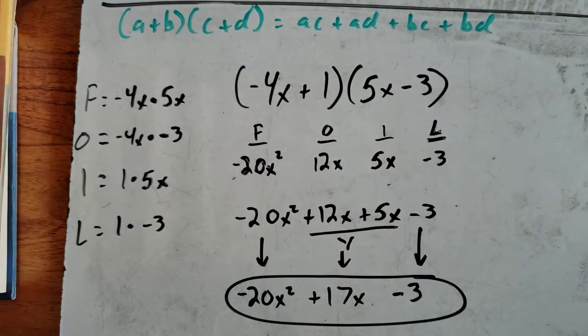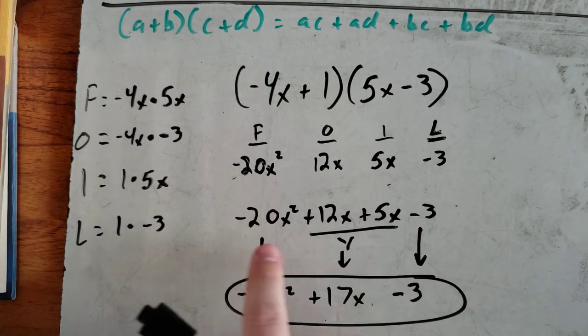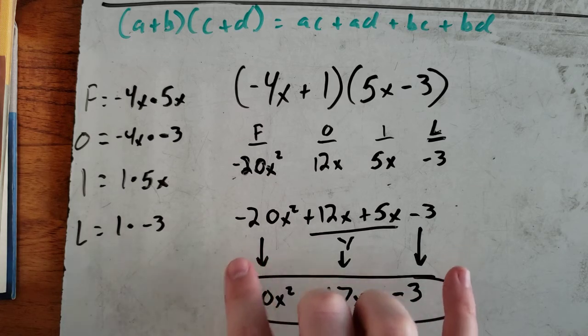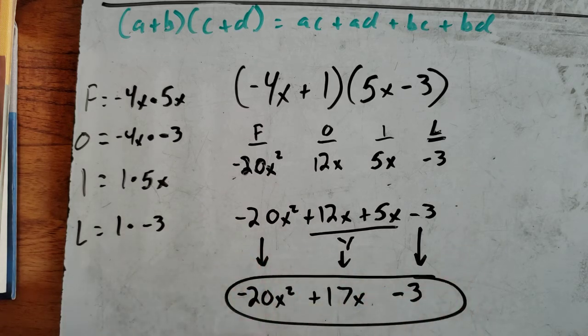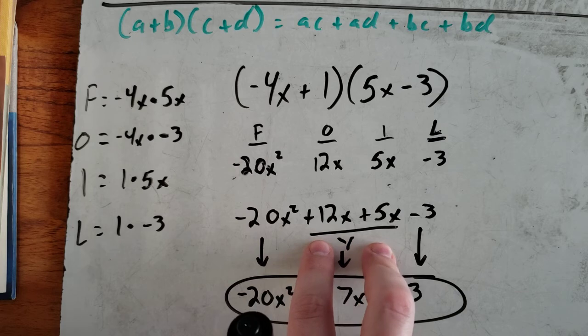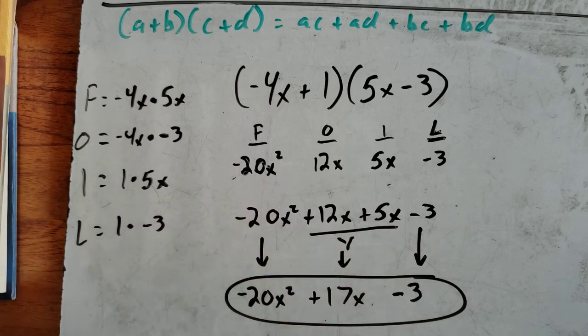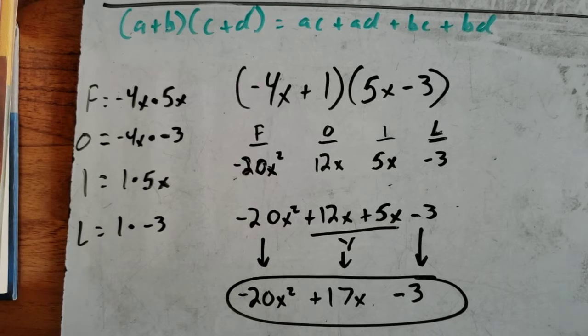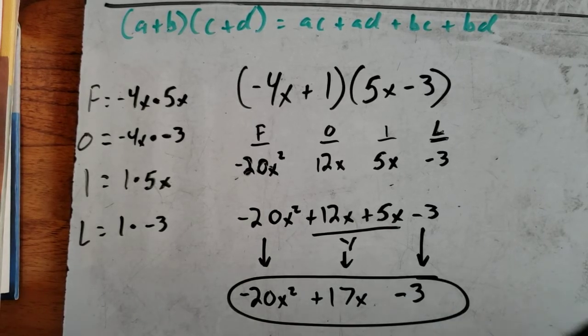Put that in an equation. Drop your first term and your last term down, because they don't go with anything else. Combine your middle terms here, 12x plus 5x, 17x. Let's do one more example.